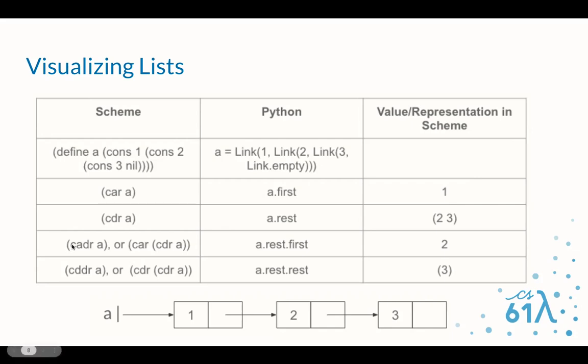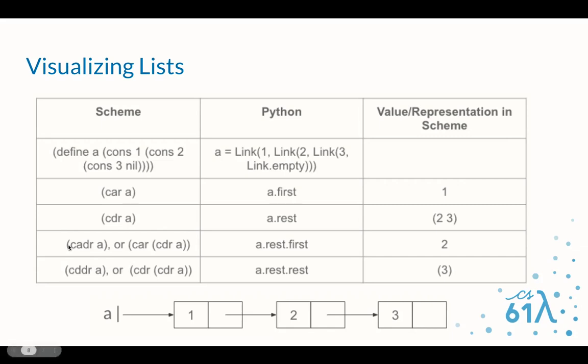You also have a little bit weird ways to get specific values in a linked list. You have cadr, which you can think of as car and then cdr, so it's getting the second element in that list. And then you have cddr, with the double d, and in that case you're getting the rest of the linked list besides the first two elements.